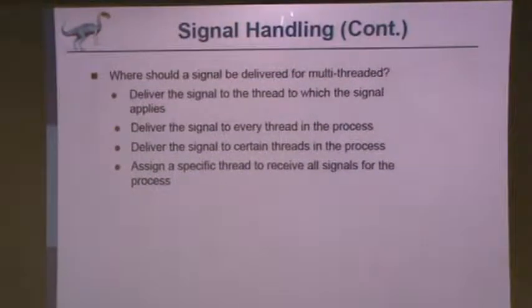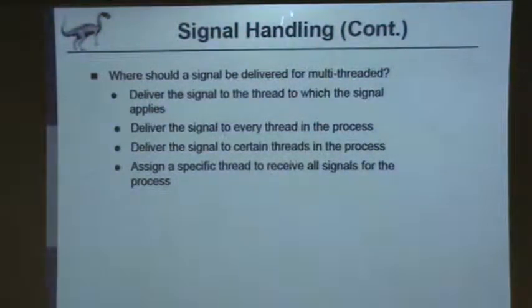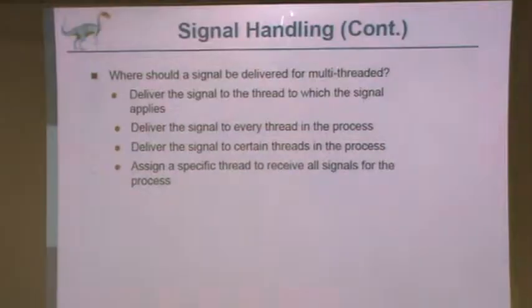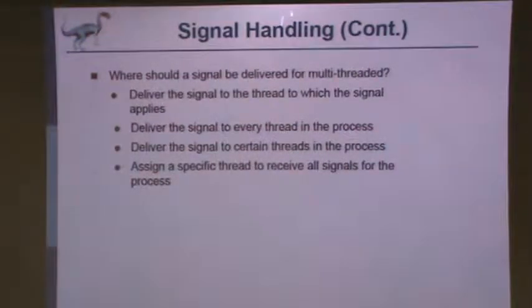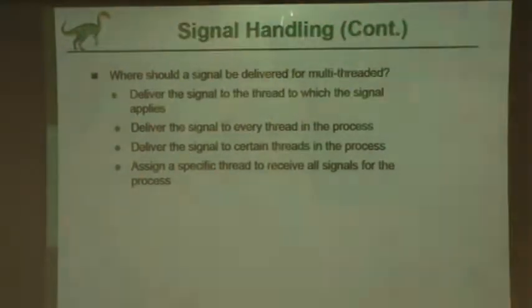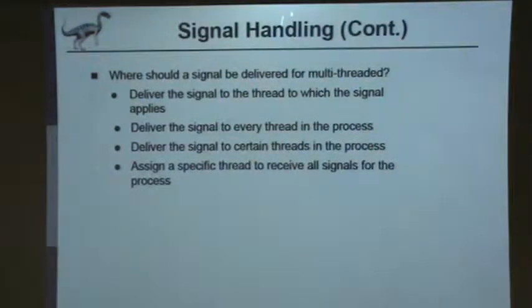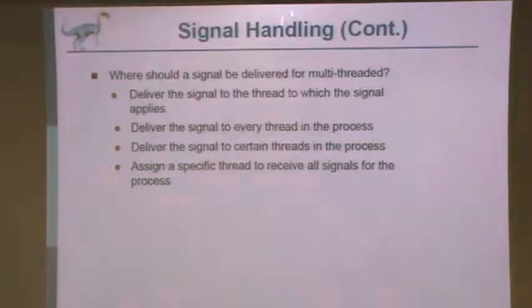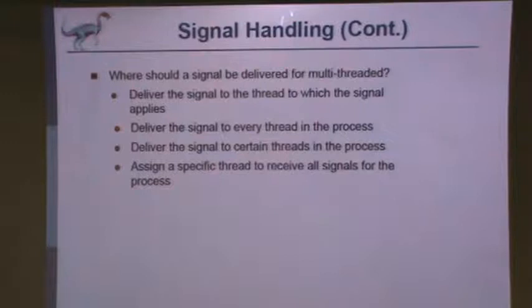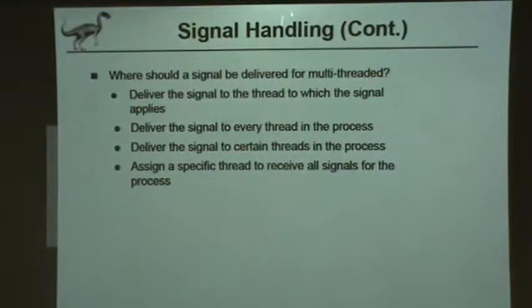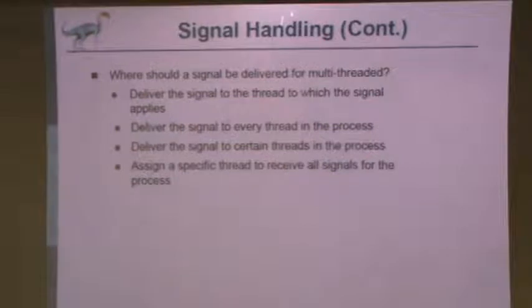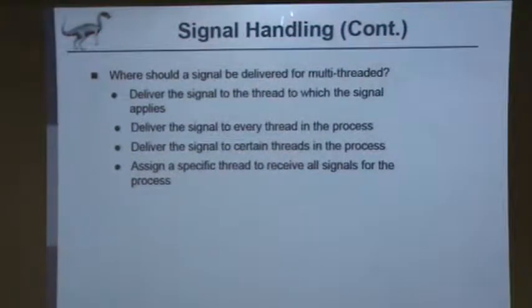It's like if you create a program that wants to listen to mouse events. Maybe the display part wants to get the signal. So if I click the mouse, this is an event that delivers the signal to the display, and the display will show different results. Also, we can assign a specific thread to receive all the signals for the process.